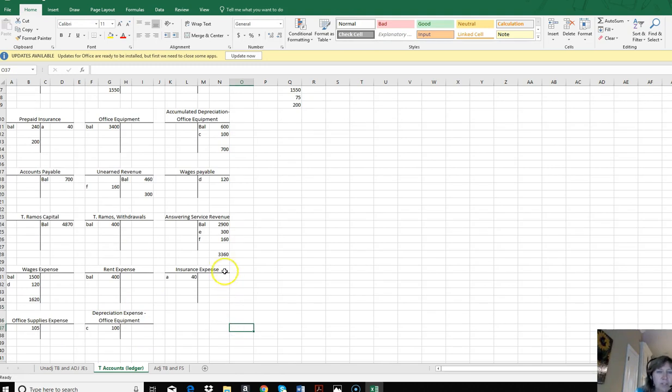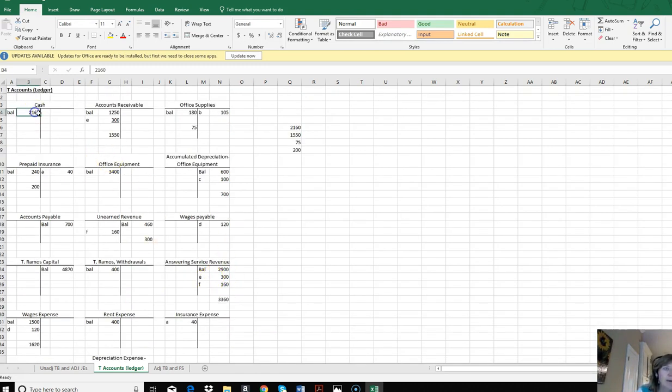Okay, so once you have your new balances, so this will be the balance that I'll use in my adjusted trial balance, this, and so on and so forth. These are the numbers I'm going to bring over there. And you're going to list them out and put them in as a debit or credit and make sure that you're in balance. I'm just doing this so I can quickly see them and put them over there.